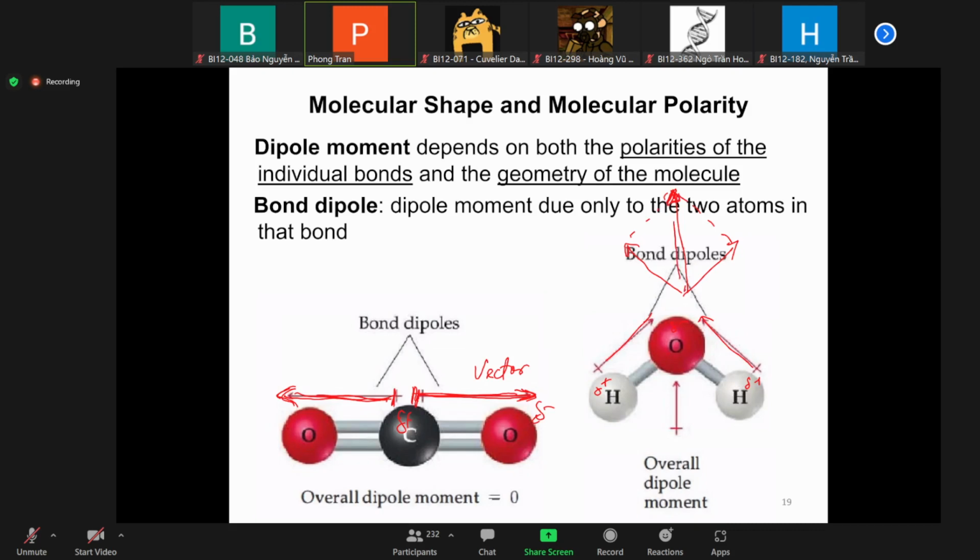For water, because the geometry is not linear but bent, the two vectors make an angle different than 180 degrees. So finally, the combination of these vectors is different than 0. The molecule of water is polar, while the molecule of CO2 is non-polar.